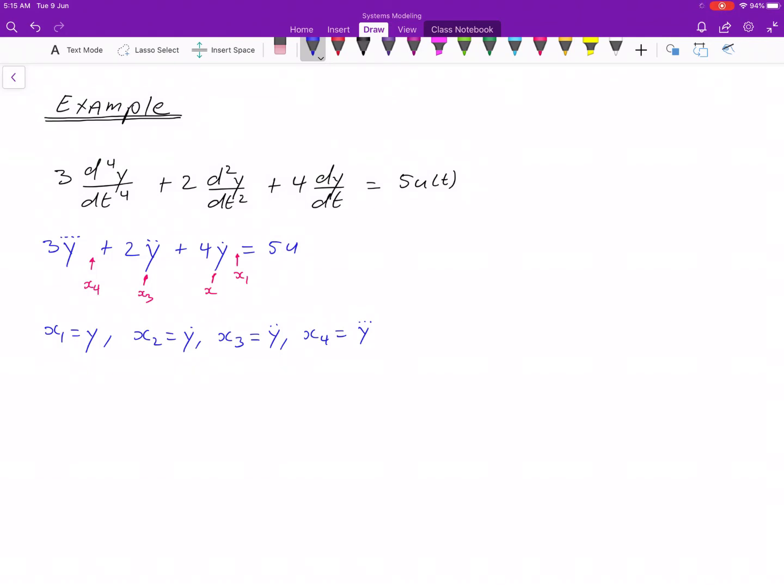Next, I want to write the derivatives of these equations. So again, let me use my red color to put in our derivatives. If I differentiate, we can write x1 dot is equal to y dot, and y dot is equal to x2.